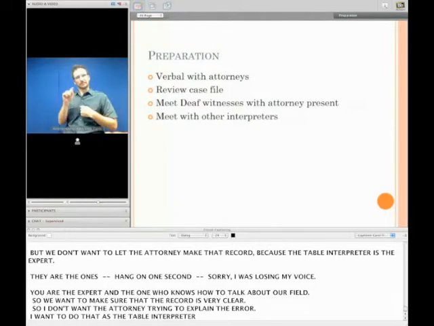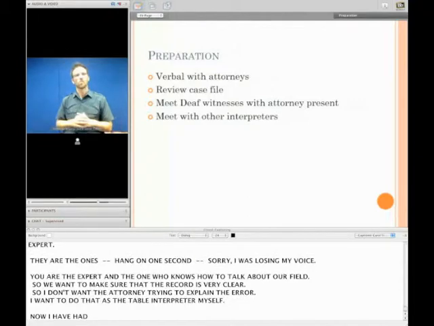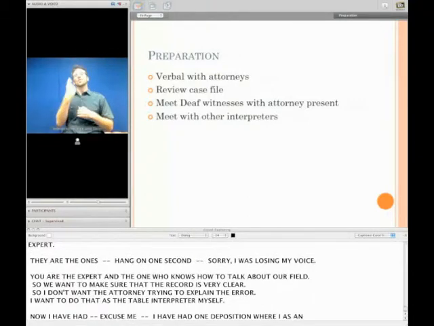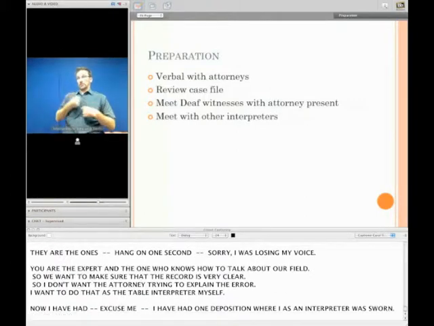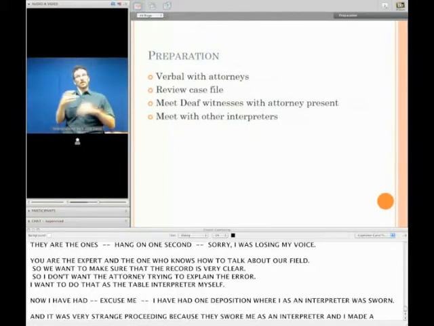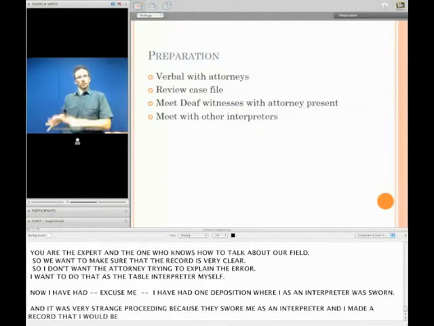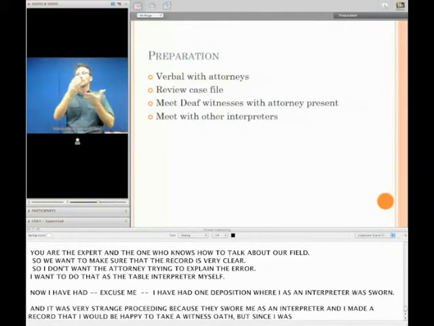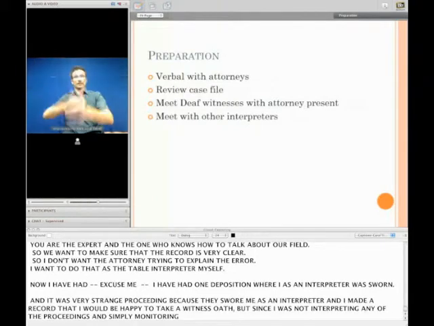And I've had one deposition where I, as an interpreter, was sworn. And it was a very strange proceeding because they swore me as an interpreter. And I made a record that I would be happy to take a witness oath. But since I was not interpreting any of the proceedings and simply monitoring, I did not think it appropriate to take a witness oath.